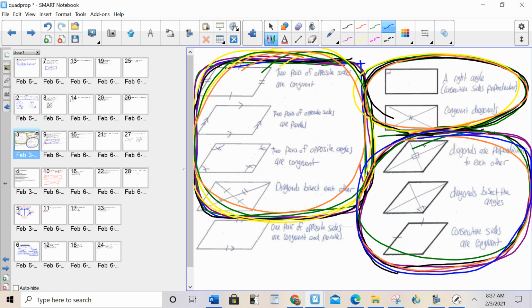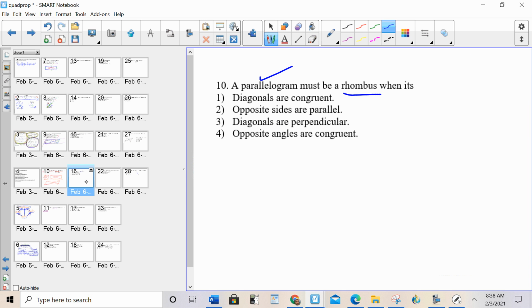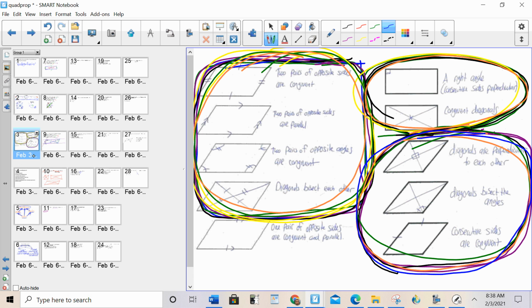So the answer is going to either be diagonals are perpendicular to each other, diagonals bisect the angles, or consecutive sides congruent, or something that means the equivalent of one of those three. So, diagonals are congruent is not a property of the rhombus. Opposite sides are parallel. Now, that's true, but that does not prove it's a rhombus. Again, I'm looking only for one of these three.